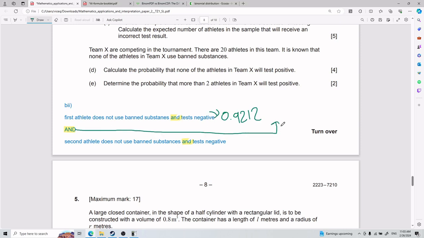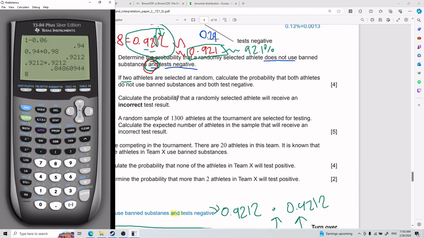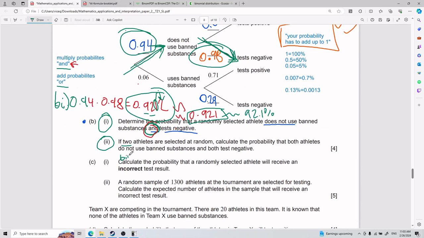I have this and, which lets me multiply, and I have another 0.9212. And so 0.9212 times 0.9212 gives me whatever that is. See? So the answer for part B-II is going to be 0.848609. You can leave it as three significant figures with 0.849 or just 84.9%.